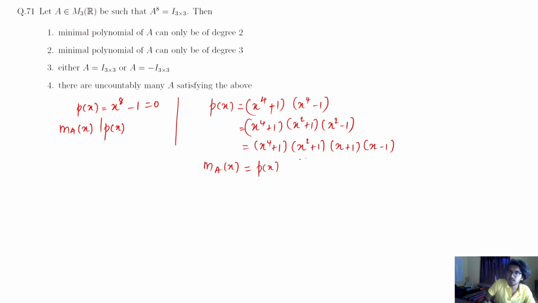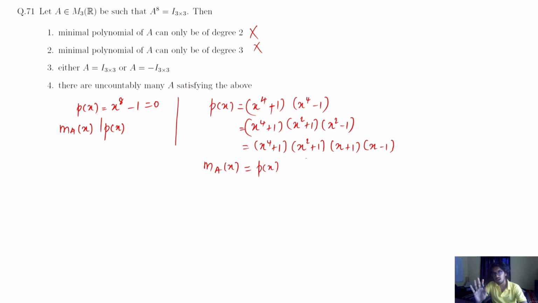If I have to factor this thing, then I should have x plus iota times x minus iota, but that iota is not a member of R, that is why that cannot be factored further. In R we have come to the maximum factorization, from which it is clear that the degree of the minimal polynomial is bigger than 4, therefore it cannot be of degree 2 or 3. That is why options 2 and 3 are false.